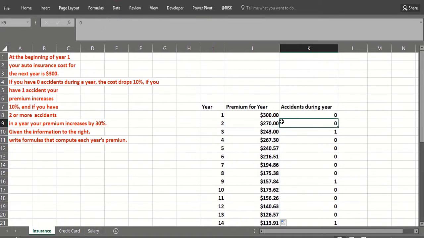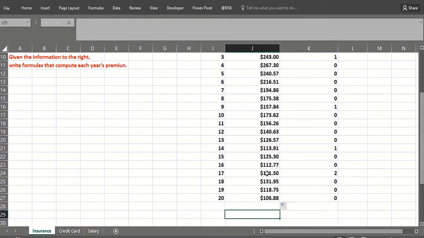Okay, no accidents, drop 10%. Accident, I go up 10%. 2430. Now when there's 2 accidents, this year unfortunately my premium would go up 30%, then it goes down, then it goes down.